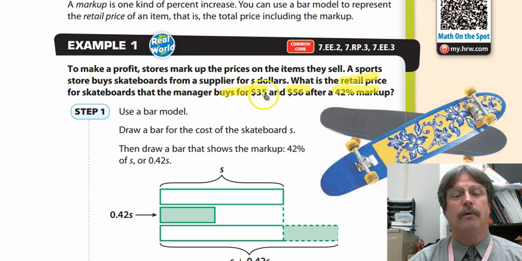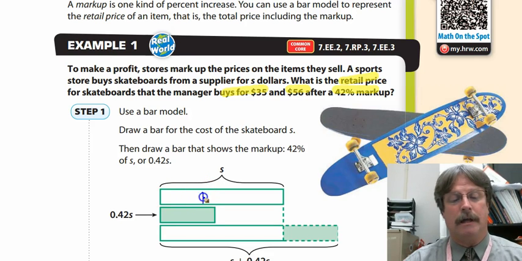The first thing we're going to look at is $35. What they're showing you here in the bar model is that this is 100%, because that represents what S is going to be.